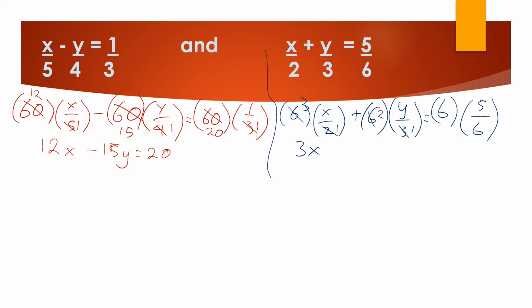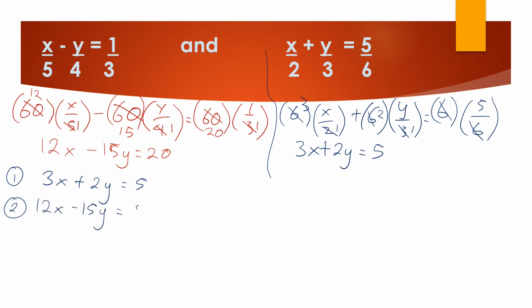Divided by 3, 2. 6 divided by 6, 6 divided by 6, 1, 1, and 5. So just combine both of them, or you can write it as one line here. 3x plus 2y equals 5. And the second, 12x minus 15y equals 20.